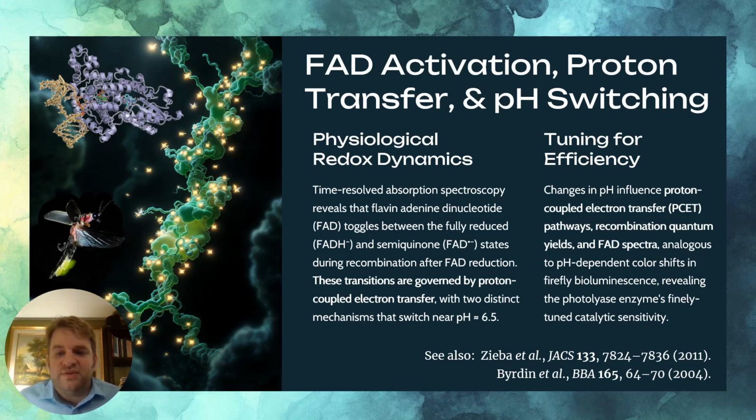Now, this is very interesting because changes in pH influence proton-coupled electron transfer pathways, the recombination quantum yields, and the FAD spectra, which is analogous to other pH-dependent color shifts that have been demonstrated in firefly bioluminescence. And this once again reveals the Photolyase enzyme's finely tuned catalytic sensitivity.